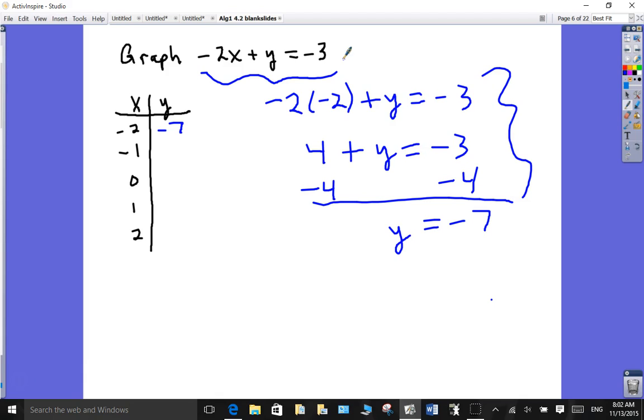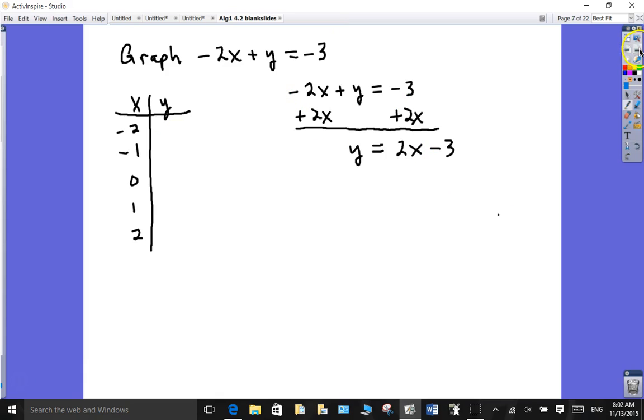There will be times you're given it in this form and you really would like it solved for y, because that's the function form. So better would be to solve it for y like I did there first, and now plug in the values. It'll be less solving for every value that you plug in, right?